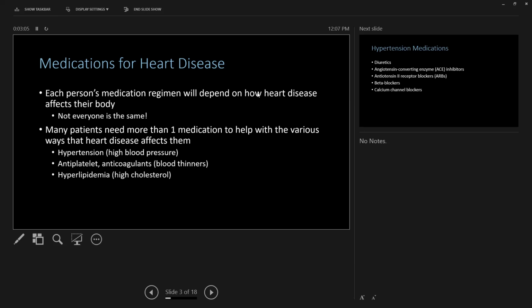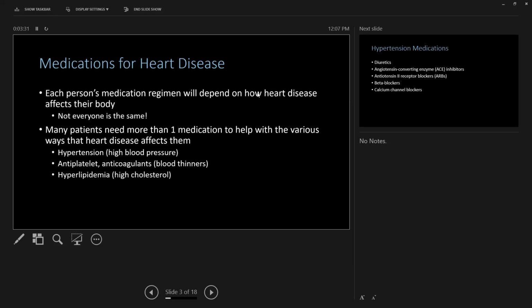Another big thing to remember is that, unfortunately, we don't have one pill that takes care of everything. So a lot of patients are going to need more than one medication to help with the various ways that heart disease affects them. What we're going to talk about today are 3 or 4 main classes of drugs. We're going to briefly go over some medications that treat hypertension, or high blood pressure.